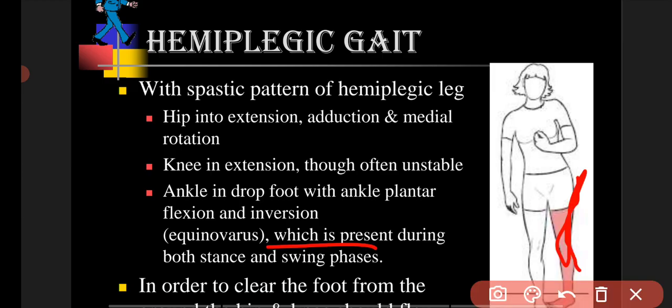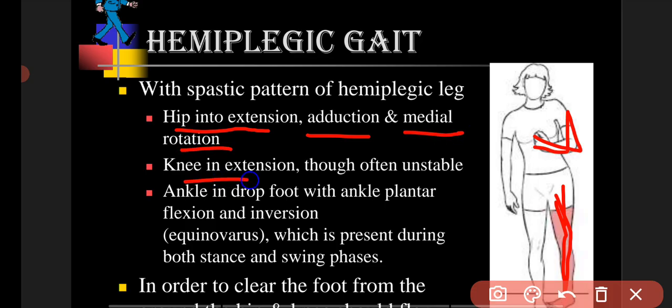Now the hemiplegic gait, one of the important gaits. This is the spastic pattern of the hemiplegic leg. The hip is in extension, adduction, and medial rotation. The knee is in extension, though often unable to extend the knee.